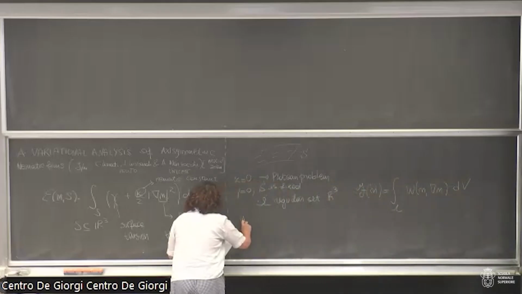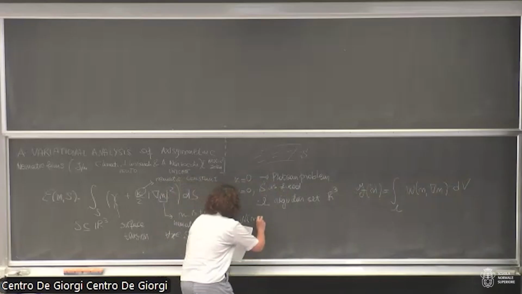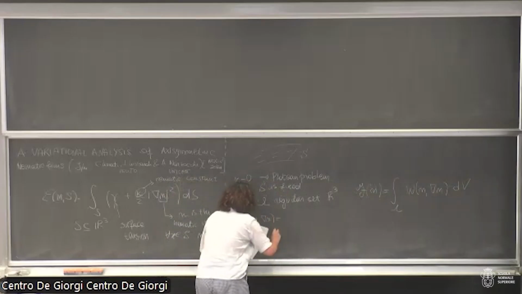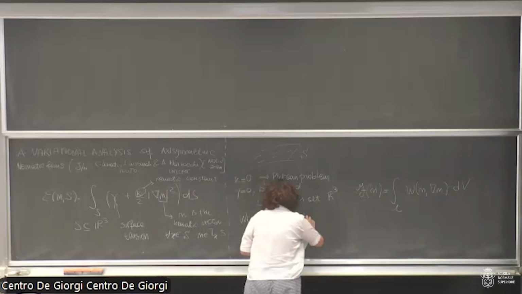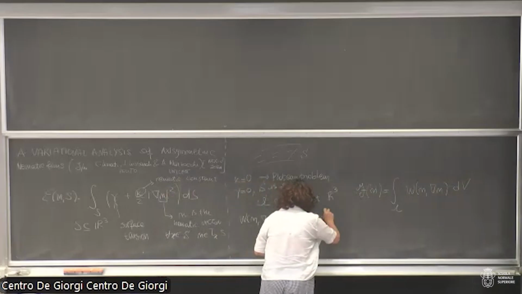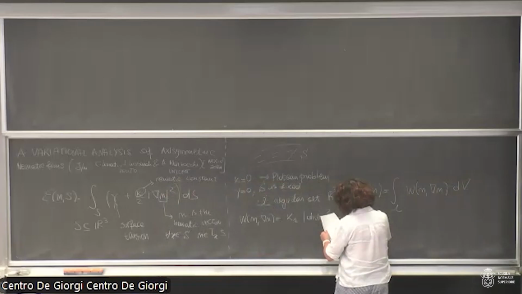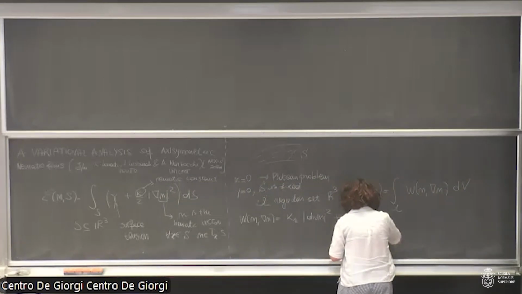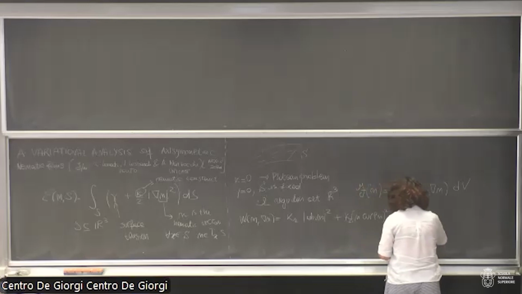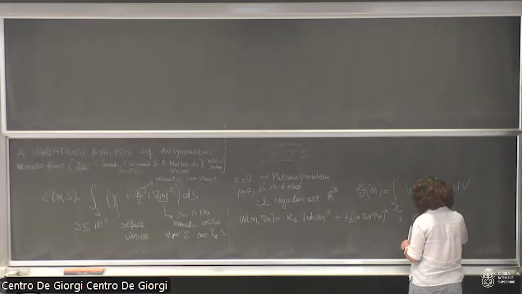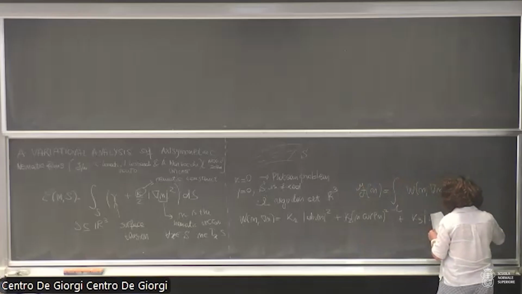It has this form, and now I want to explain. Okay, let me write it first. It is of this form: a constant K1 times the divergence of n squared, plus K2 times n dot the curl of n squared, plus K3 times the absolute value of n cross curl of n squared.